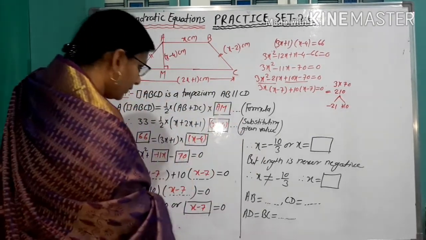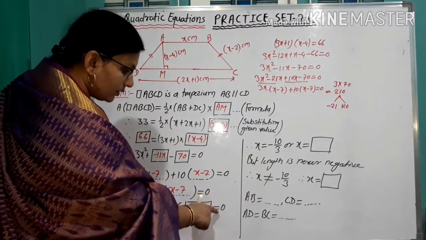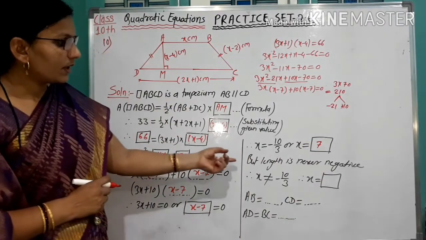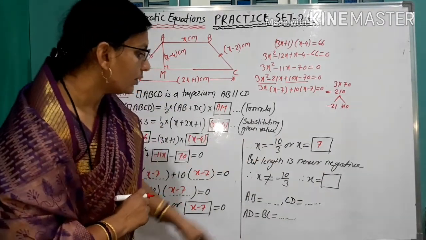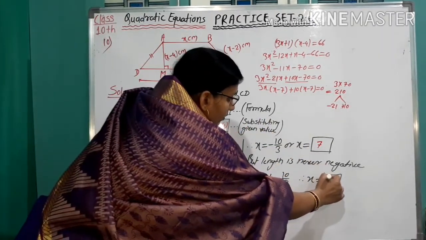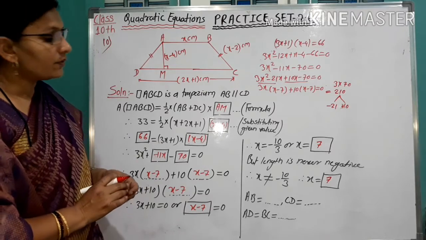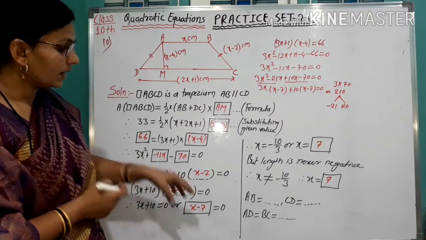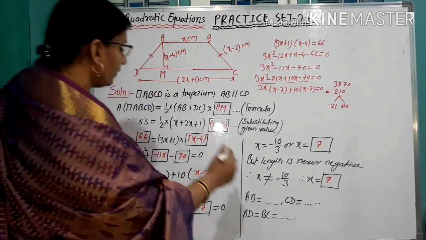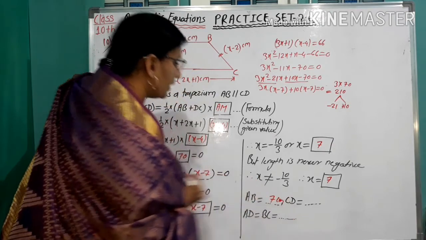Then if we solve, x equal to minus 10 by 3 and x minus 7 equal to 0, means x equal to 7. Here given that length is never negative, x not equal to minus 10 by 3, therefore x equal to 7. And you have to find all the sides of this quadrilateral ABCD from the figure. AB is given here x, means value of AB is x, means 7 centimeter.